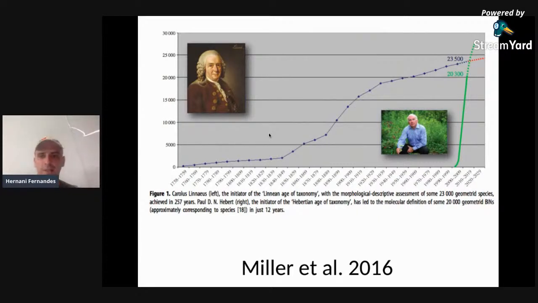But since the early 2000s, when this technique was developed, it was used to describe roughly 20,000 geometrid species in just 12 to 20 years. So it's a very big increase in our ability to describe species.